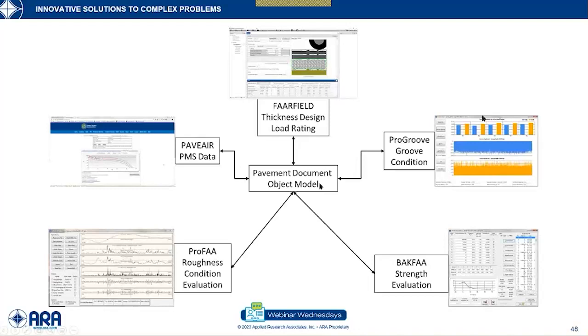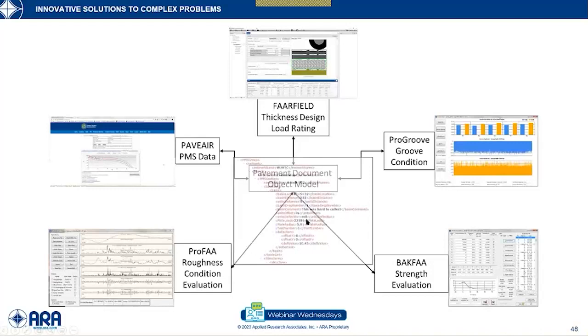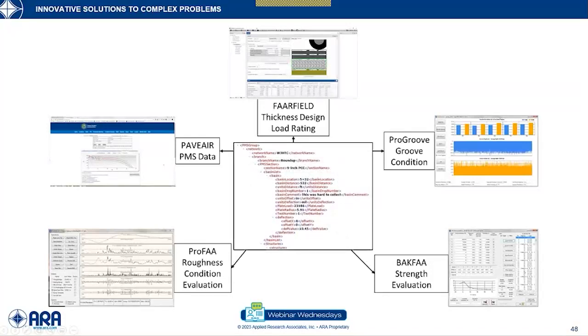So FAA had us come up with a method for combining these into a single suite. It's similar to, say, Microsoft Office, where they're different pieces of software, but they all use a similar data format. We call that the Pavement Document Object Model, also called PDOM. And it's basically an XML-based representation of all the information that can be contained in these 5 pieces of software.